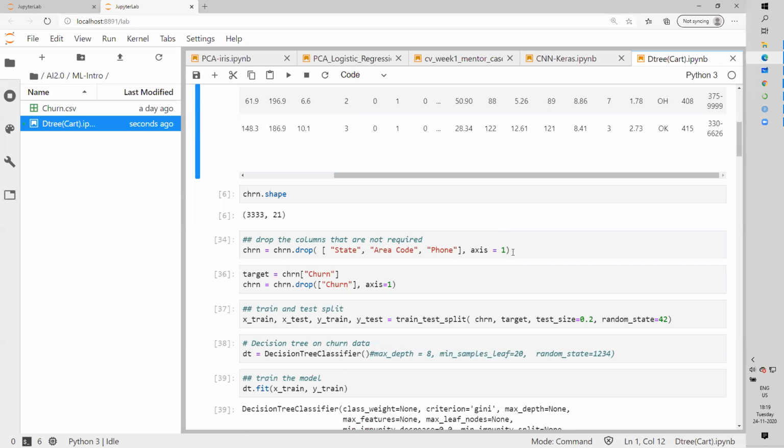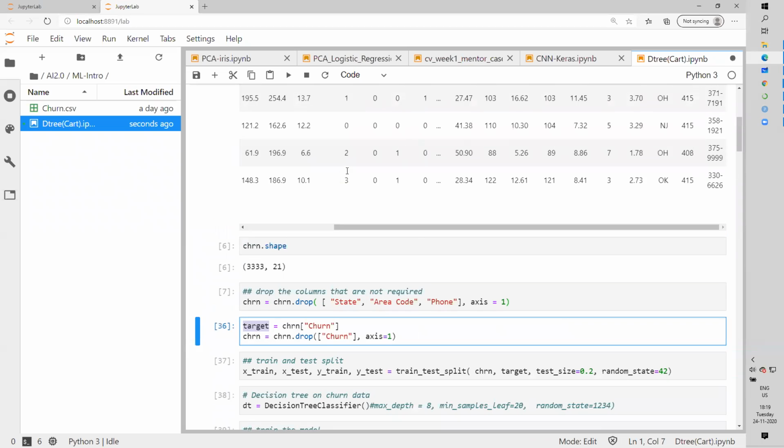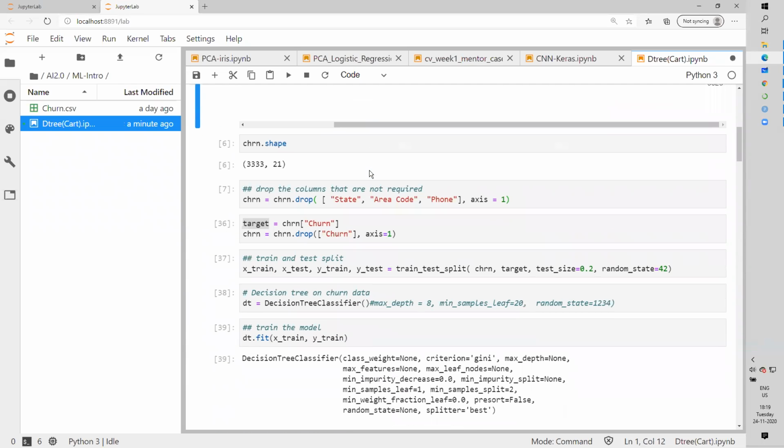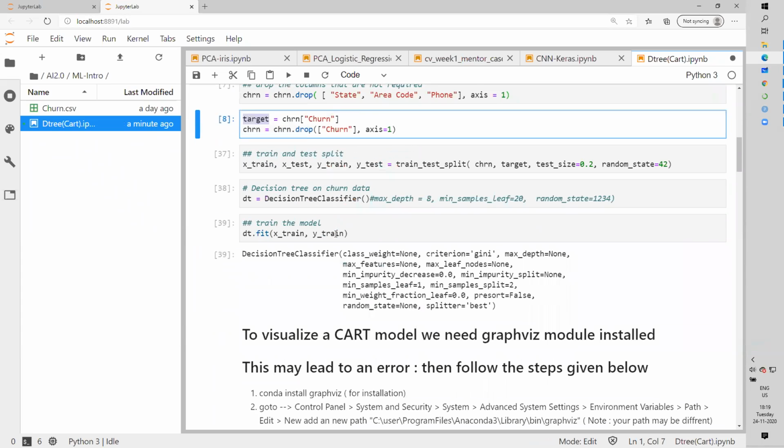Now, let me quickly show you how I can do this. I'm not going to use these input variables because they are useless for a reason, so I'm dropping them off. My target is this variable churn. Except this, all the rest are going to be my input variables. So I have separated my target variable and I have separated my input variables.